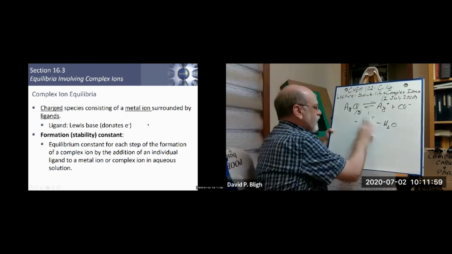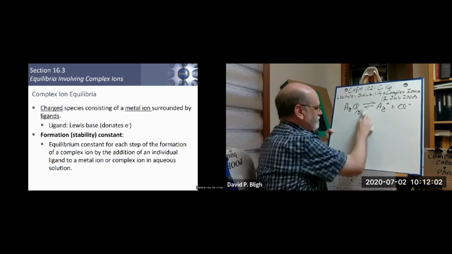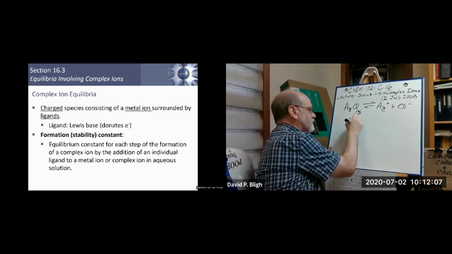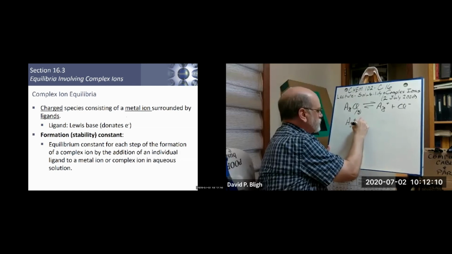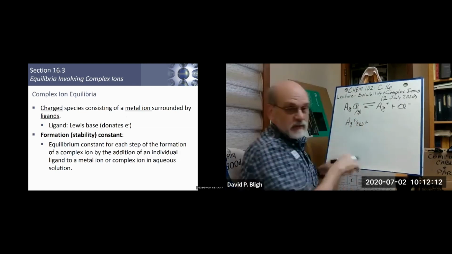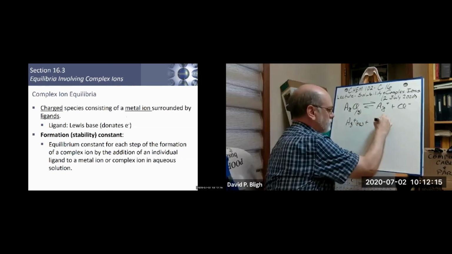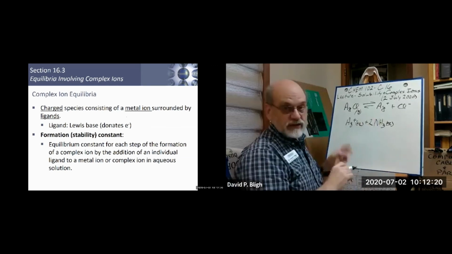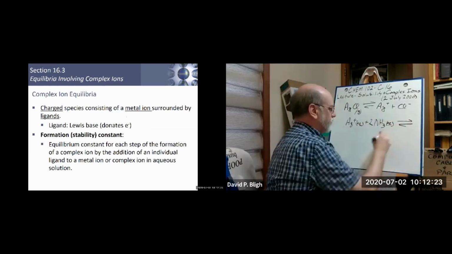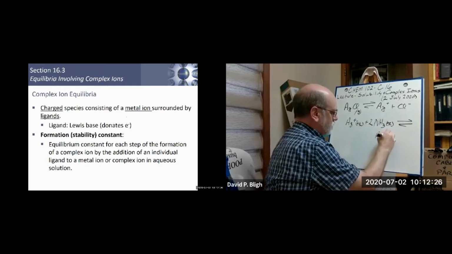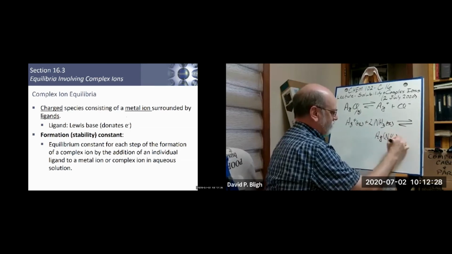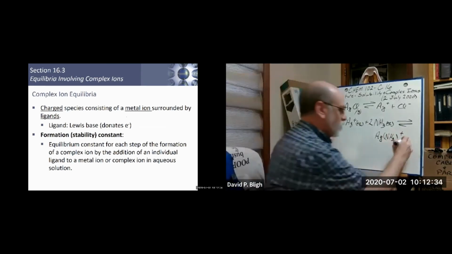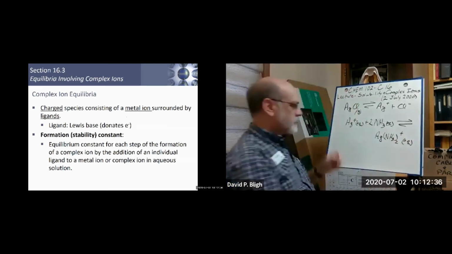So the constant that's involved here, for instance, if we have silver ions and we want to complex them with ammonia, right, and it's in solution, it'll take 2 of them and produce this ion, which is also soluble.